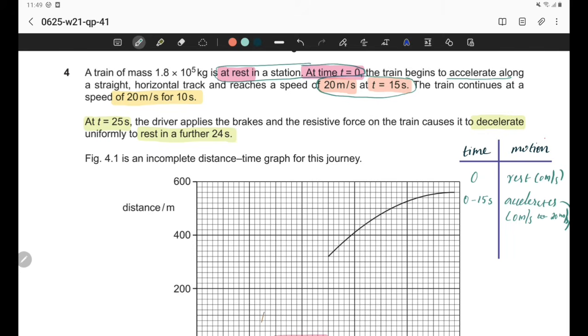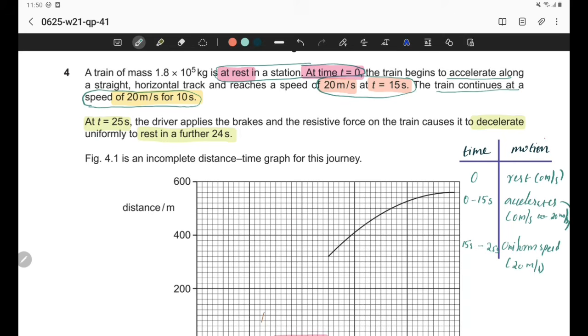Then after the 15th second, the train continues at 20 meter per second for 10 seconds. That means for the next 10 seconds the train is moving with a uniform speed of 20 meter per second, from 15 seconds to 25 seconds.